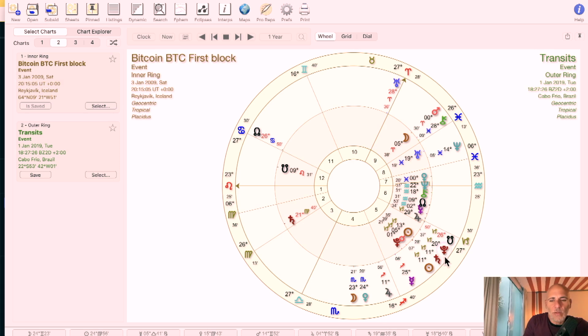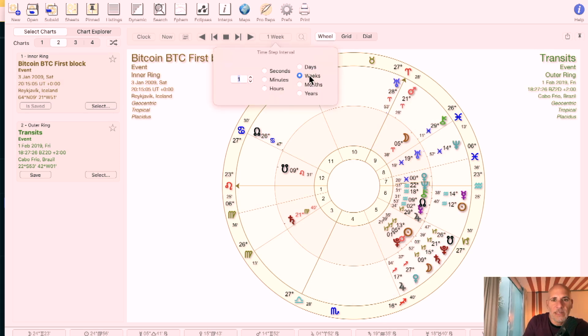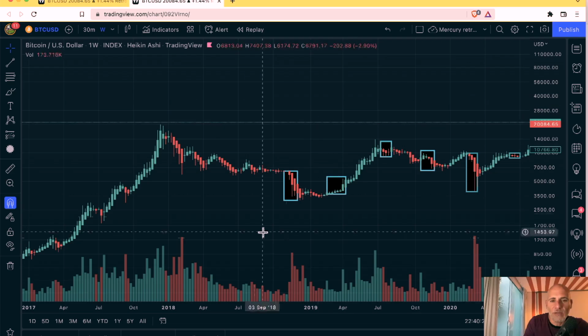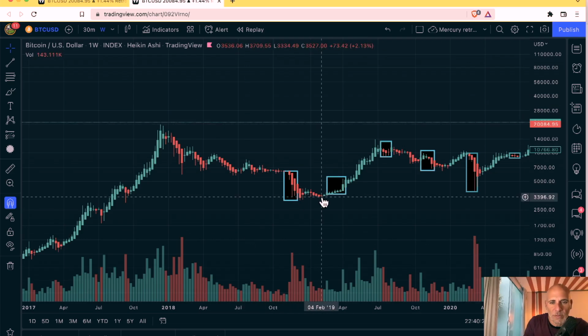The same we could do with every planet. For example, Saturn conjuncting the Sun. Exactly here we see Saturn in 13 degrees and the Sun is in 13 degrees. We can go to see what happened in January 2019. We already know this is a bottom.